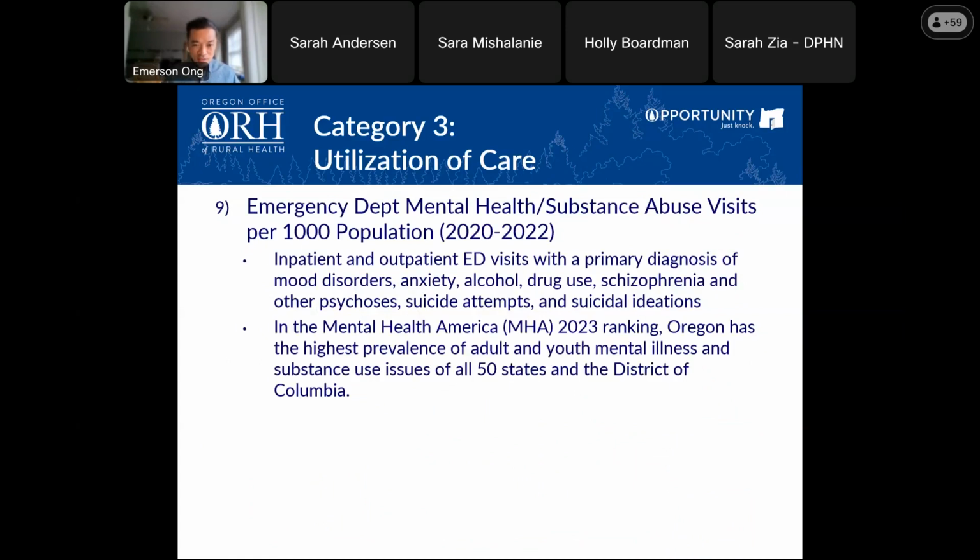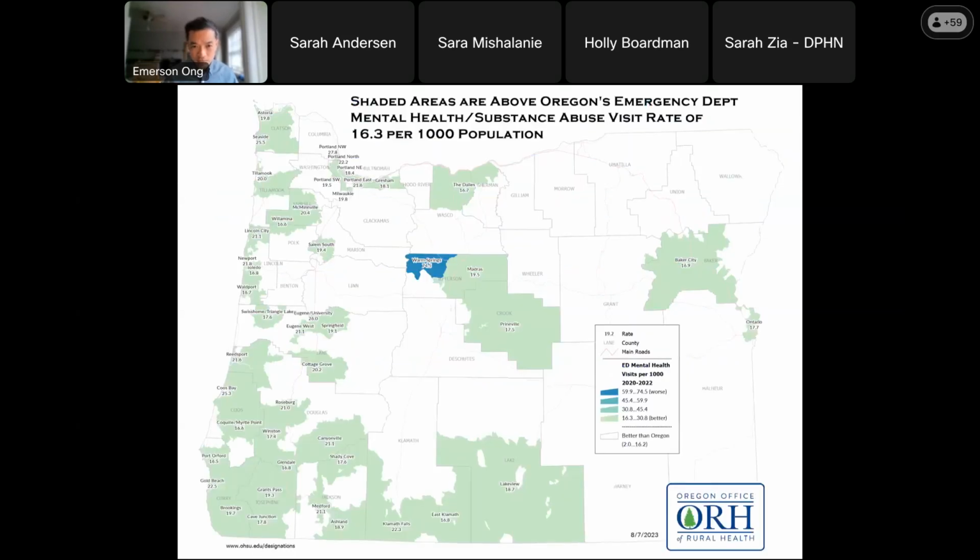In the Mental Health America 2023 ranking, Oregon has the highest prevalence of adult and youth mental illness and substance use issues of all 50 states and Washington, D.C. For the state as a whole, there are 16.3 emergency department mental health and substance abuse visits per 1,000 population. All the areas that are shaded are higher than that rate, with Warm Springs having 74.5.